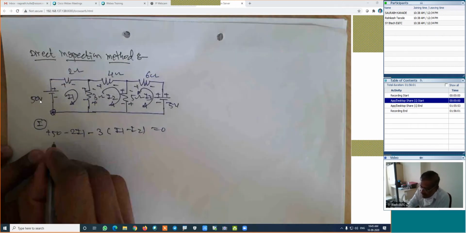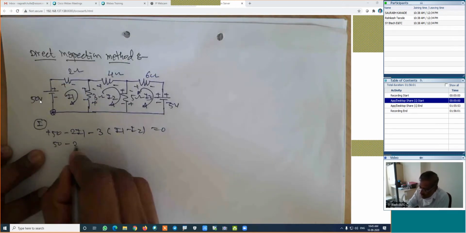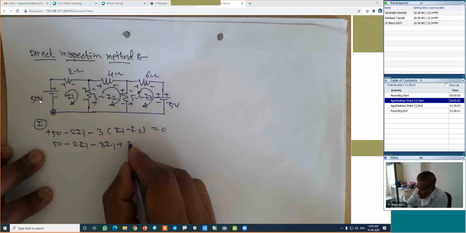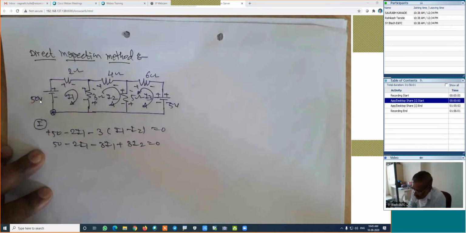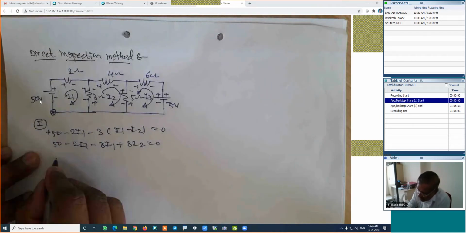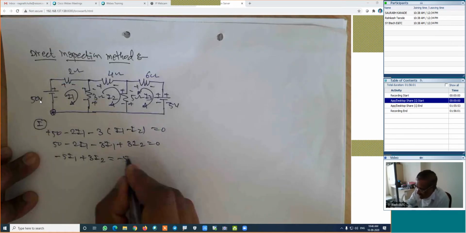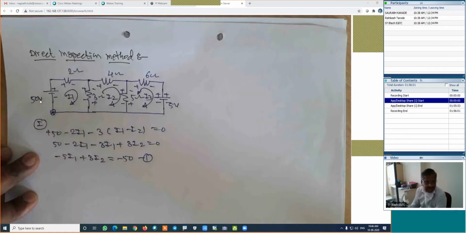Simplifying, 50 minus 2I1 minus 3I1 plus 3I2 equals 0, and the final equation will be minus 5I1 plus 3I2 equals minus 50. This is equation 1. This much procedure is required.